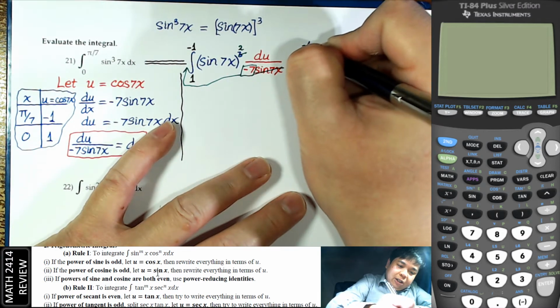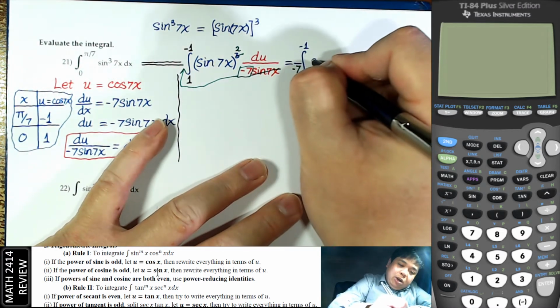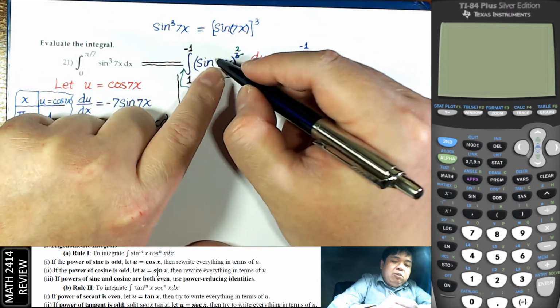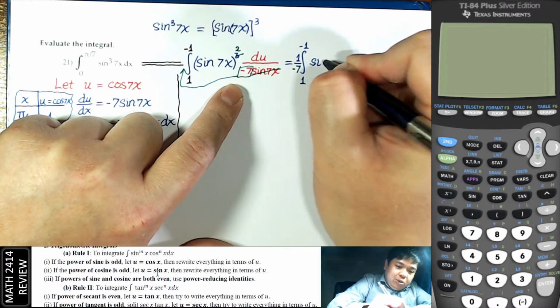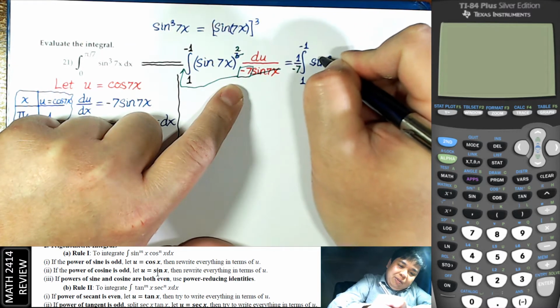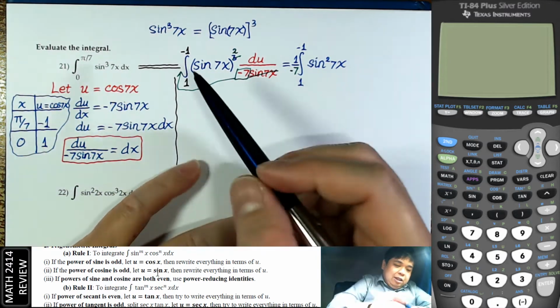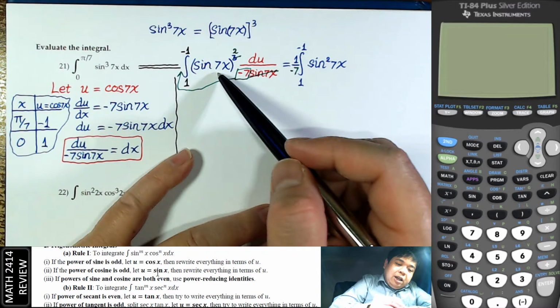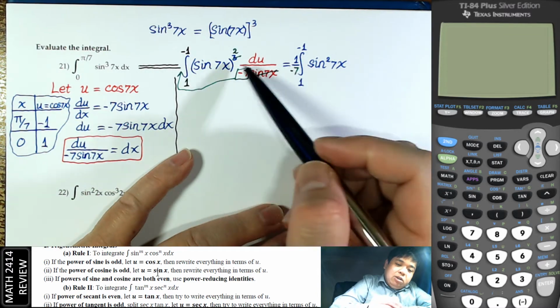And then sine square, just put 1 on the top. You can write sine square, it doesn't matter. And then sine cancels out, negative 7 coming out. Just du.